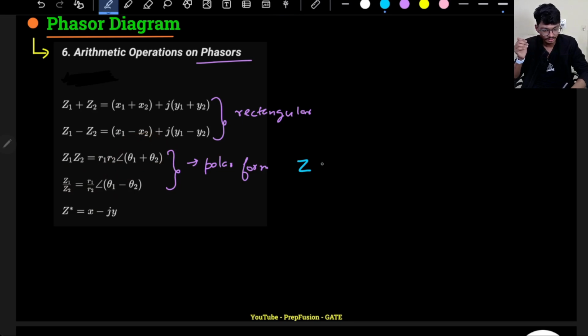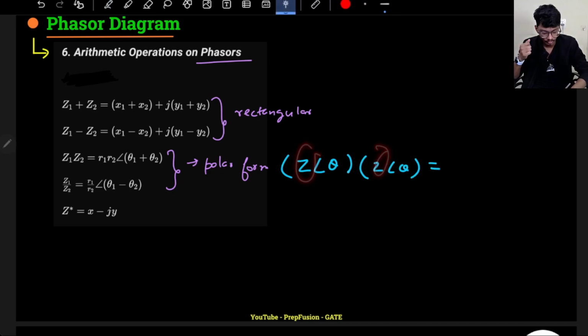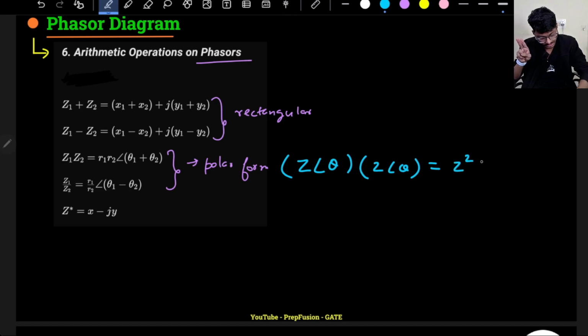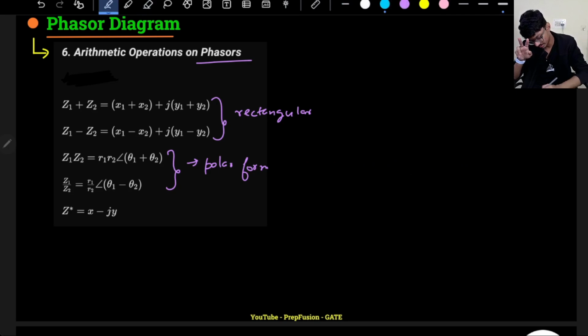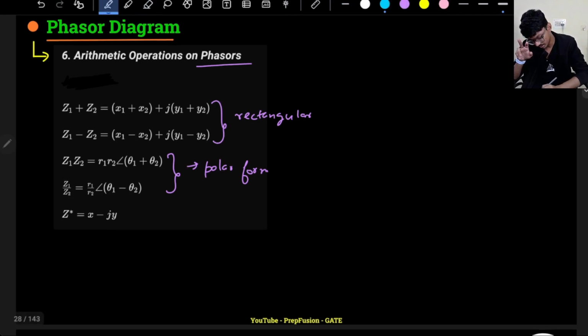Let's say I want to multiply this number z theta with itself, z theta. What is the magnitude? The magnitude is z and the angle is theta. So magnitudes will get multiplied, so this will be z square. Sorry, it would be better if I represent my z as r theta. Okay, z is r theta.